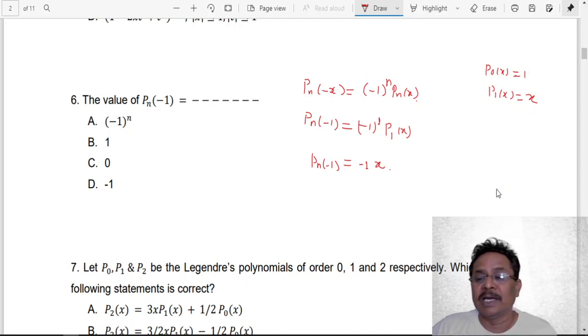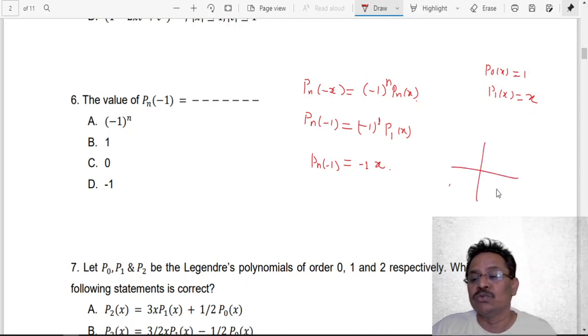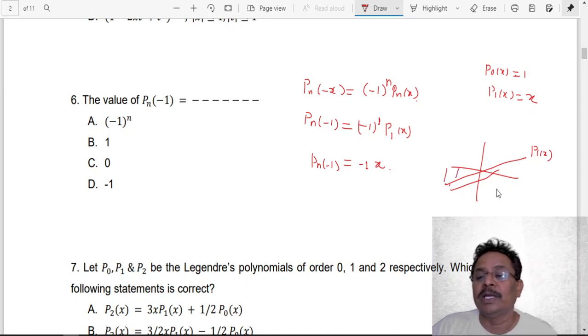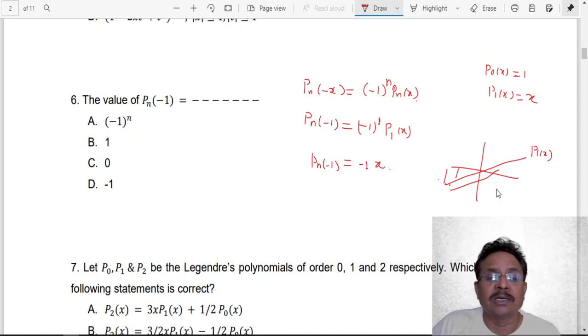This is again the diagram which we have drawn earlier. This is the positive part of this P1 of x, and this is the negative part of this P1 of x. So when x is replaced by minus x, I am going to get a negative value of x, and therefore out of these options, minus 1 raised to n, and every term should be multiplied by x. So the options given may not be exactly correct.